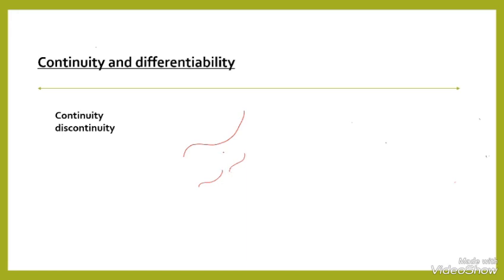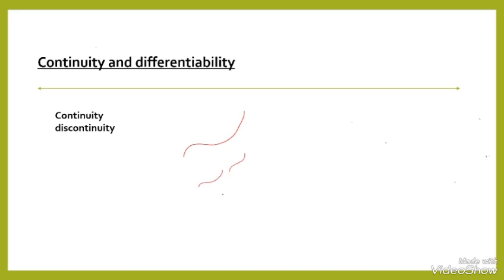Without lifting, I can't draw these two lines. Here there are two lines whose endpoints are not connected, so it is called a discontinuity.